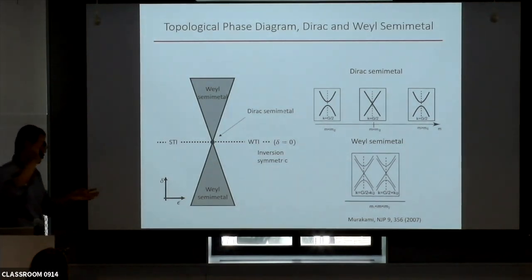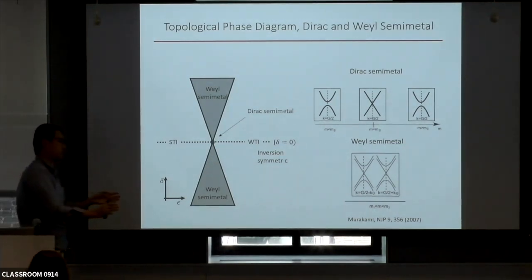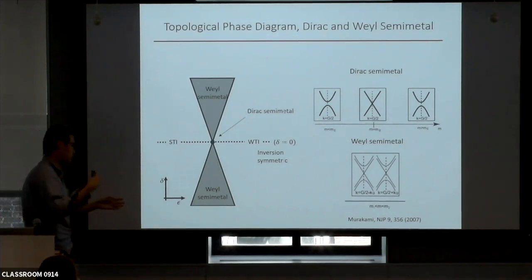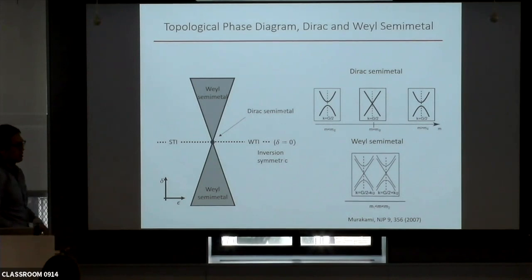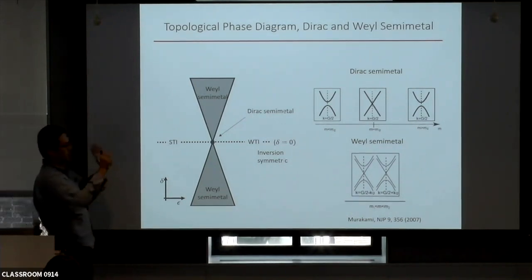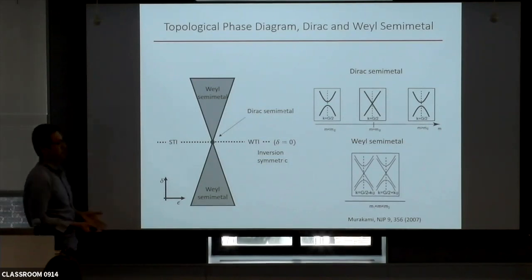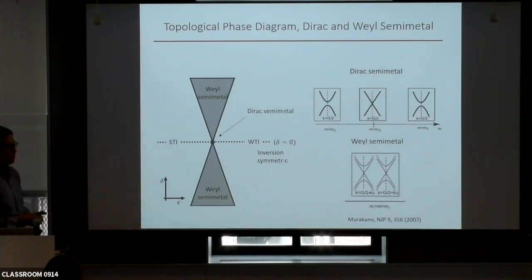You can do that all the way down to 60 Kelvin. Somehow below 60 Kelvin, we always lost track. The only thing I can say is that we can give the upper bound of the gap, maybe around 20 millivolts. That's the upper bound.